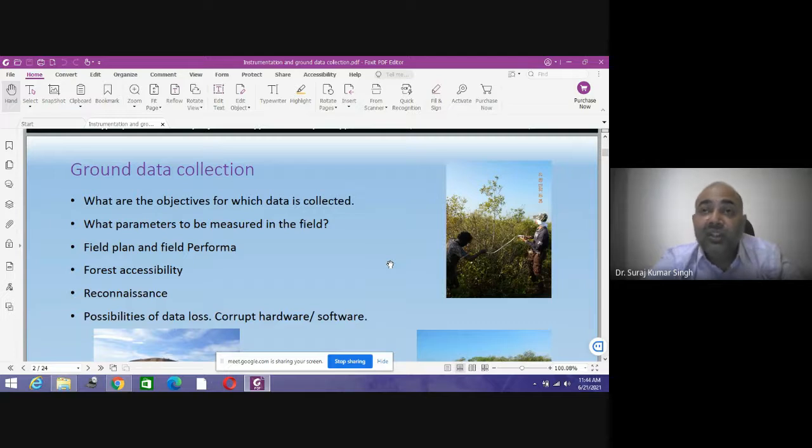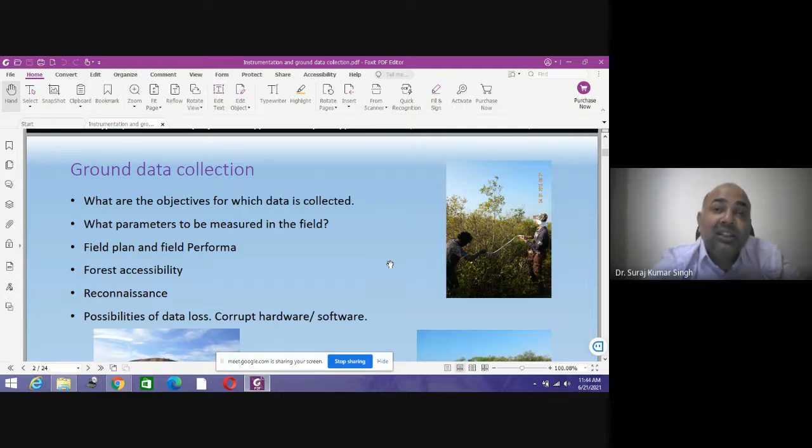Then you go into the field, you book the hotels for 7 days. The approximate cost is near about 5 lakh rupees for the entire team. But when you went to the field, you realized that some of the instruments that were very required, you left in the laboratory.